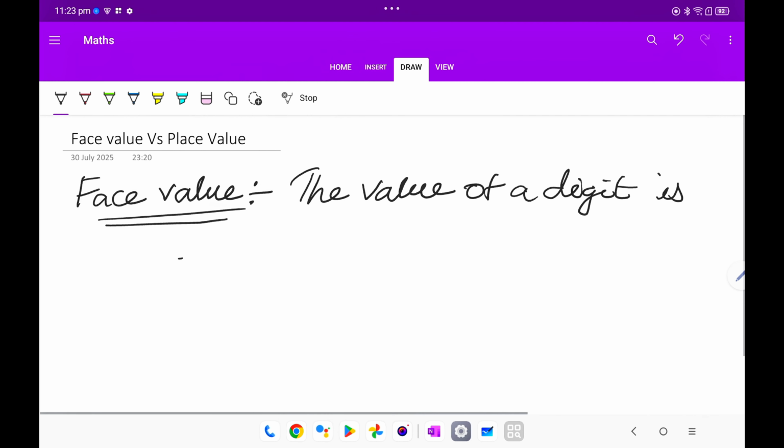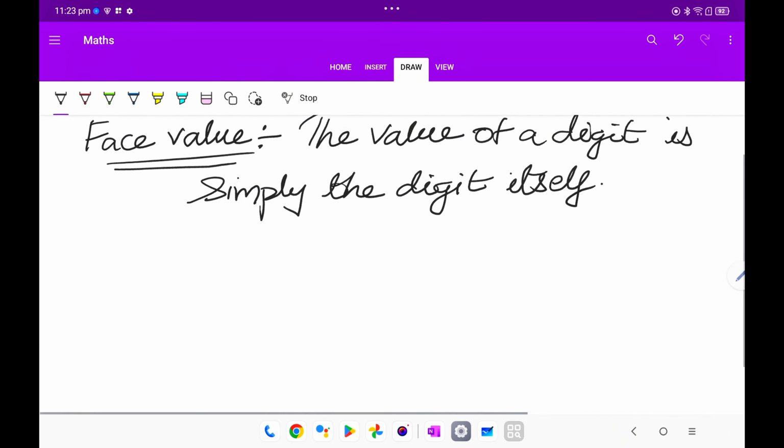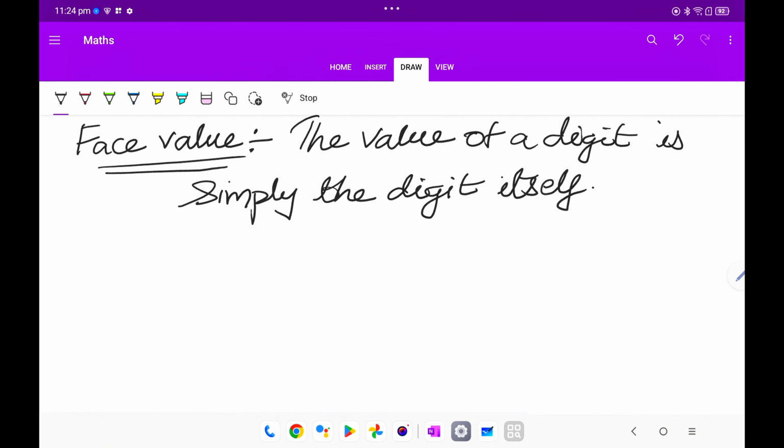This is the very simplest definition of face value. Now let's see the examples.